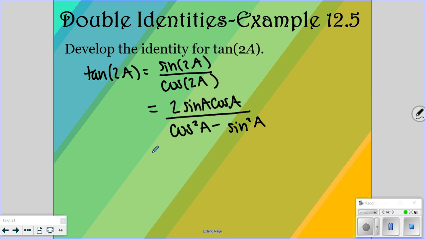And then from there, we again want the first term in our denominator to be a 1.